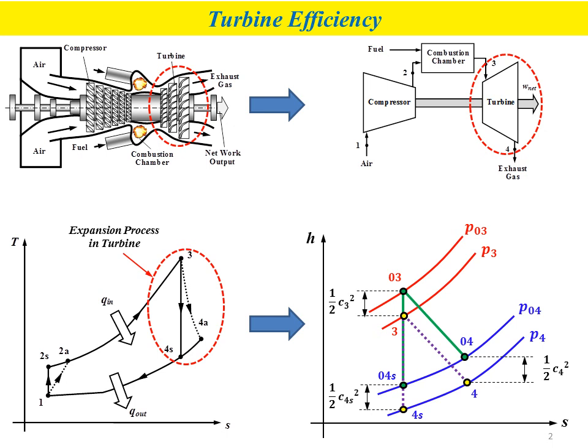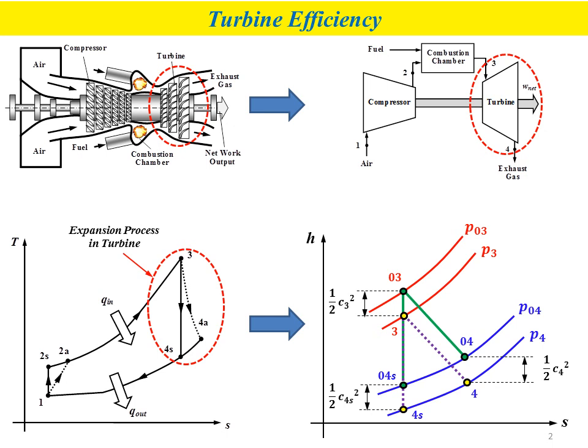The parameters C3 and C4 are the fluid velocity, C3 at the inlet and C4 at the outlet, which means the velocity of the fluid throughout the expansion process. The term half C squared represents the kinetic energy obtained by the fluid during the process.